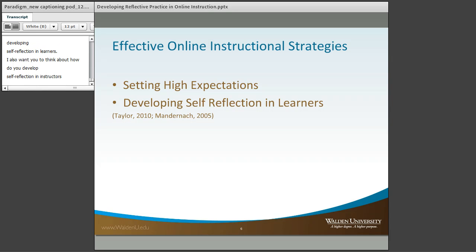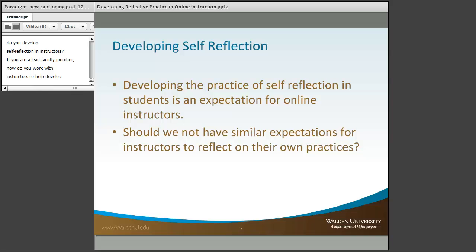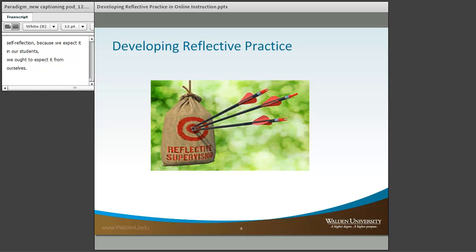If you are a lead faculty member, how do you work with instructors to help develop reflection? And I maintain that developing the practice of self-reflection, because we expect it in our students, we ought to expect it from ourselves.